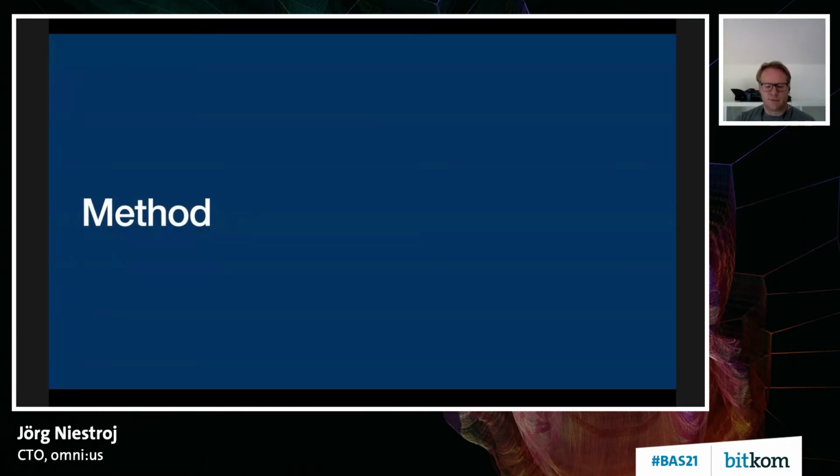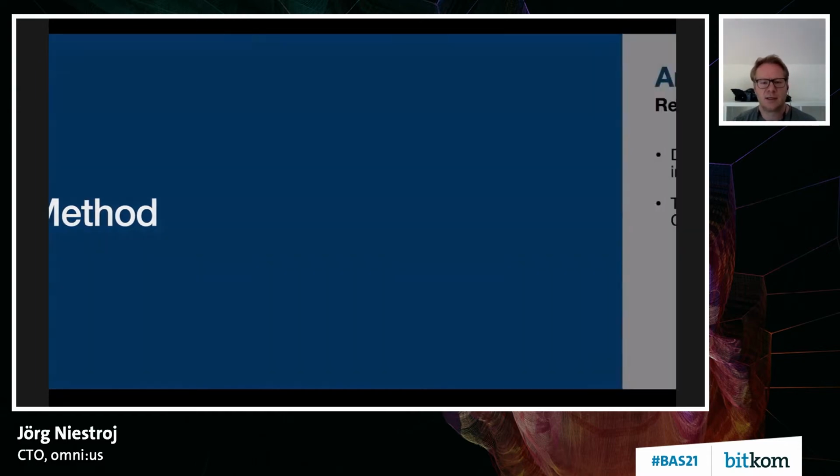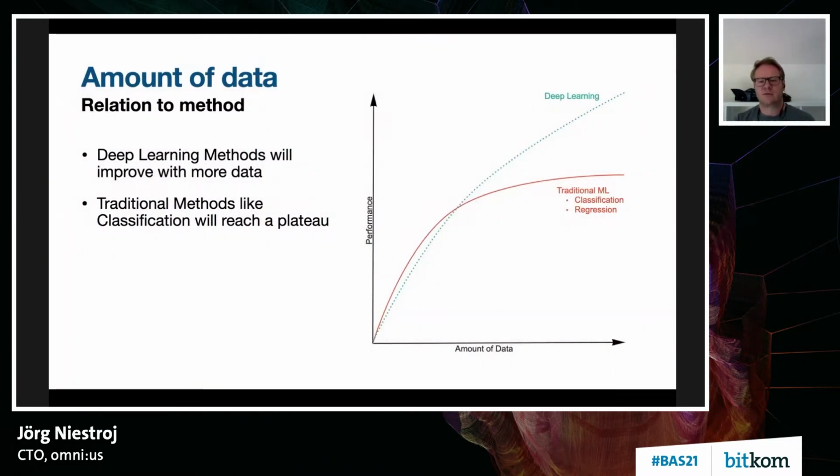So if you choose your use case and select your methods, coming from that use case, you then can have a first estimation of the data you need, because this picture shows it very well that there is a difference in the methods and the amount of data you need. For traditional machine learning methods like classification or regression, it's very easy.